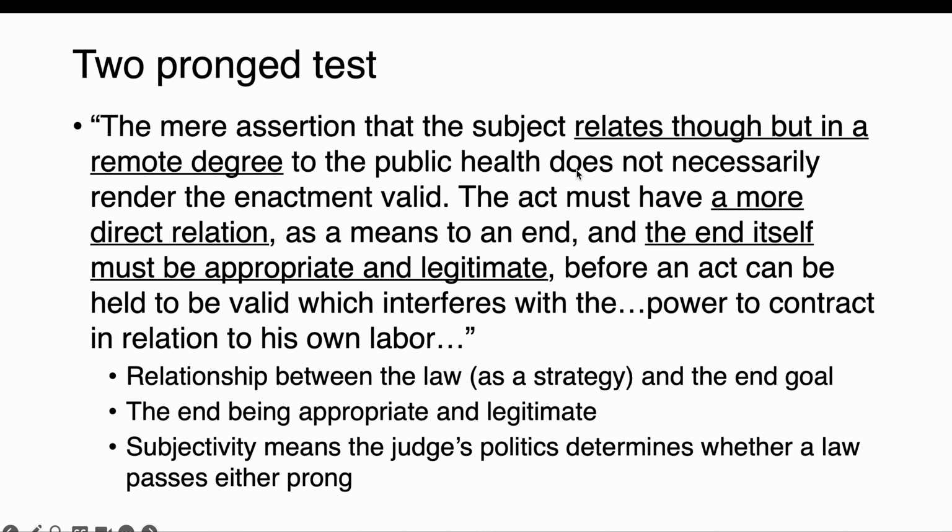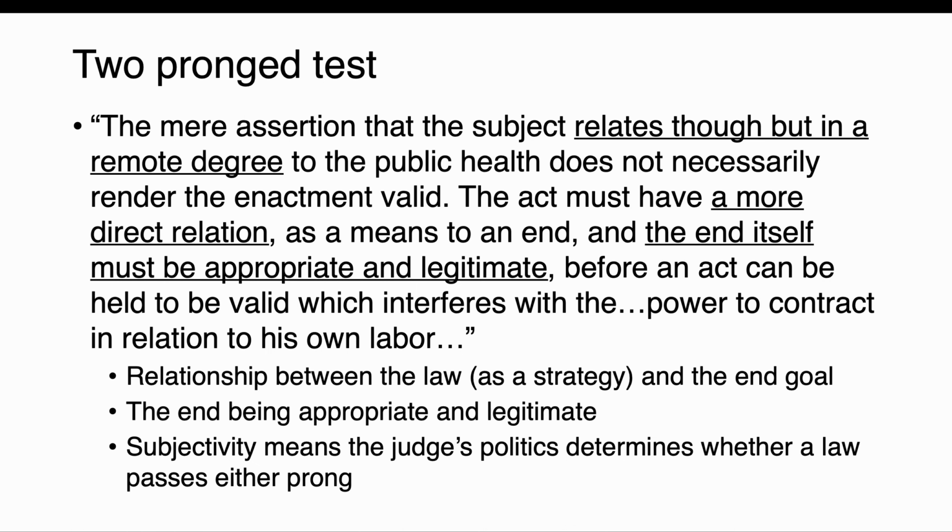The government has to provide a stronger justification than that. "The act must have a more direct relation as a means to an end." You have to understand clearly how the law as a strategy accomplishes some end goal, and "the end itself must be appropriate and legitimate." So the goal that the government is trying to pursue has to be appropriate and legitimate before an act can be held to be valid, which interferes with the power to contract in relation to his own labor.